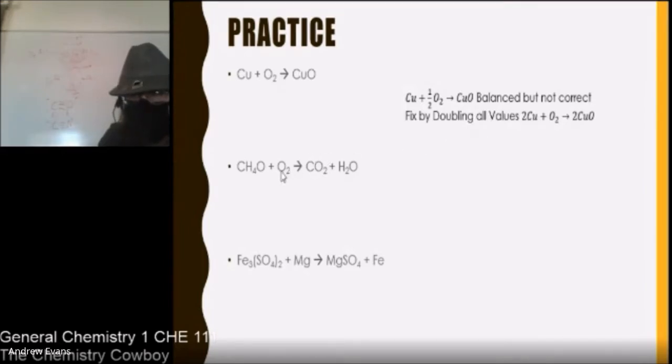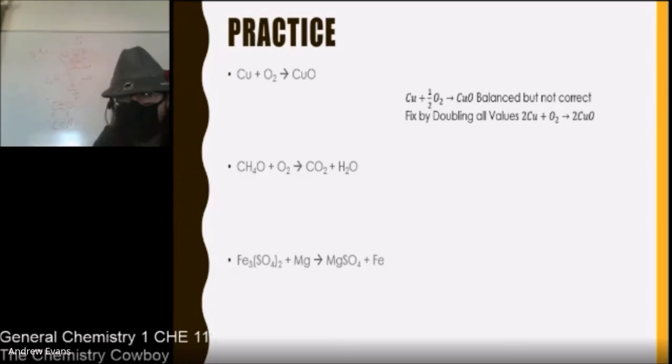Now this one is a combustion reaction, a pretty common type of reaction. A combustion reaction, as we'll see in a slide or two, involves the burning of compounds in order to produce CO2 and H2O. We're burning a hydrocarbon to form CO2 and H2O.